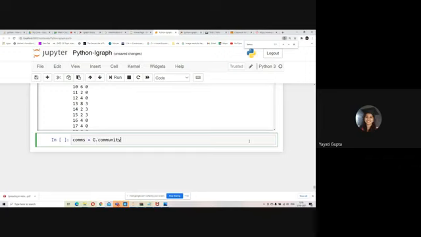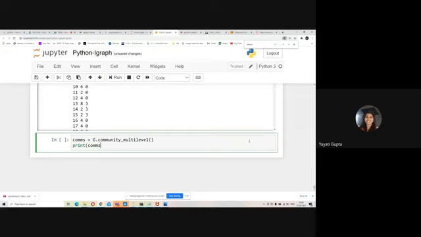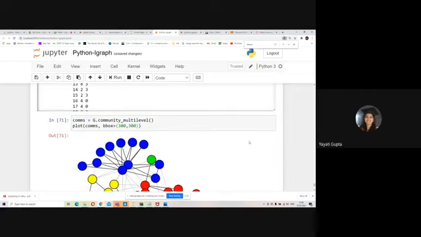It might be a better way of looking at it. So this shows you the communities in your graph. I also need the vertex labels. We can see the vertex labels here, and I see some communities in this graph.